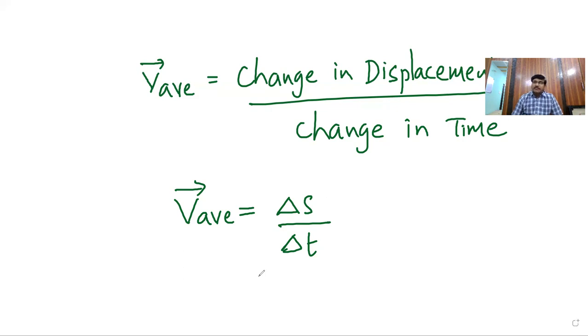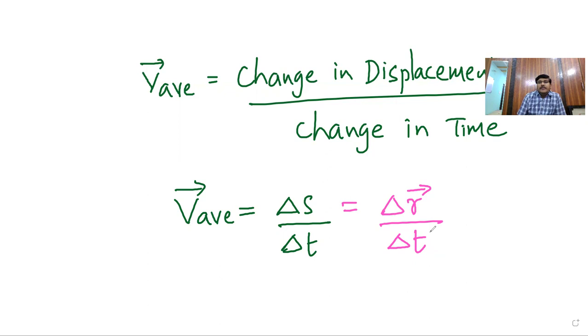Clear? Sometimes we can indicate this also like delta r bar by delta t. In the previous sessions, we have noted wherever there is a position vector, we have taken that delta r bar is the change in displacement.